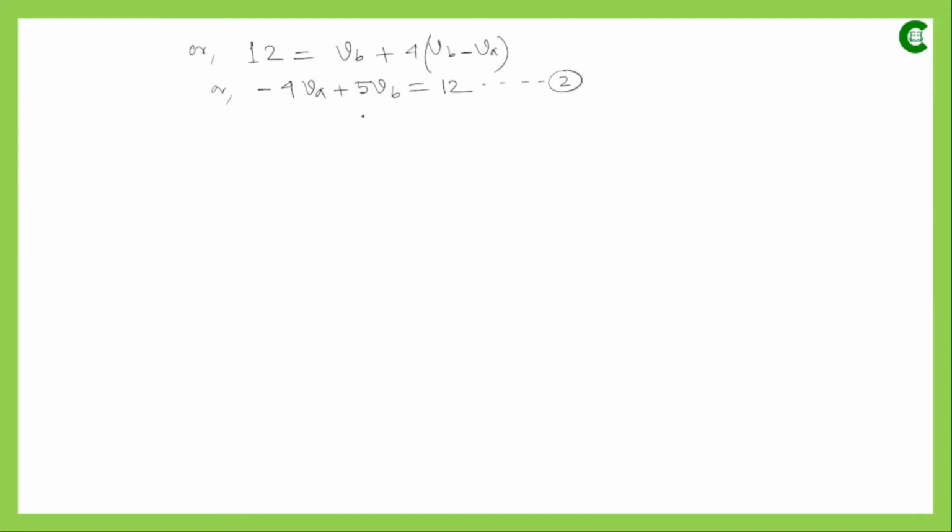So what we need to do is, if we multiply this equation by 5, then it will become minus 20VA plus 25VB, and that will be equal to 60.